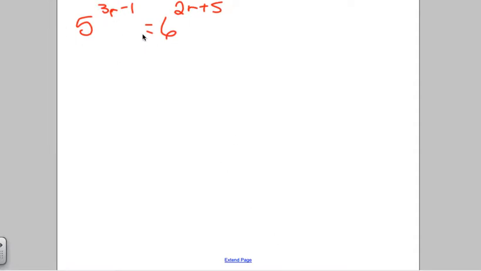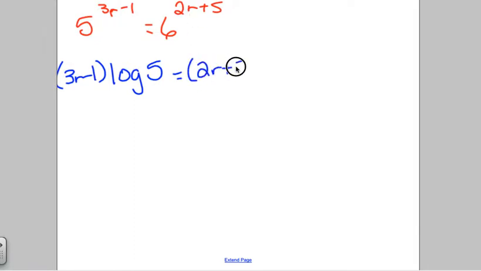Now, 6 and 5 can't be reduced to the same base. So what I have to do is take the log of both sides. When I do that, my 3r minus 1 comes down as a coefficient. So now I have 3r minus 1 times log 5. The same thing here, 2r plus 5 comes down and I have log of 6.